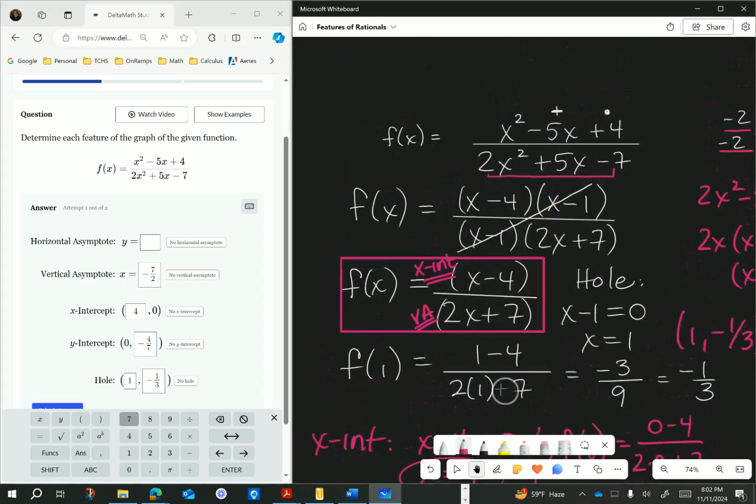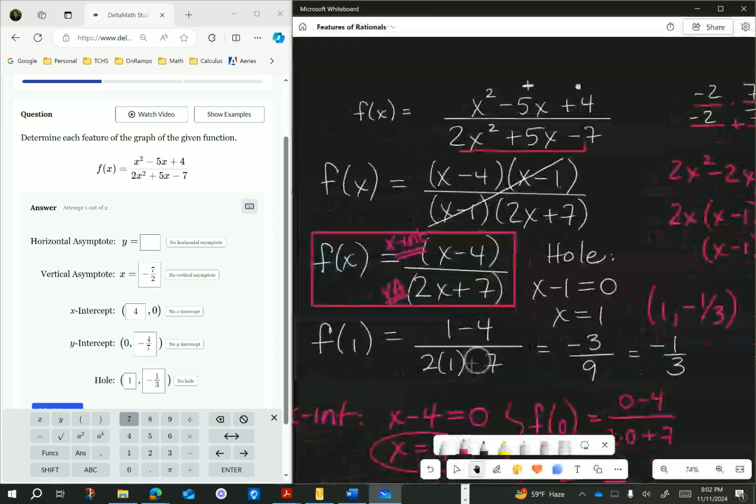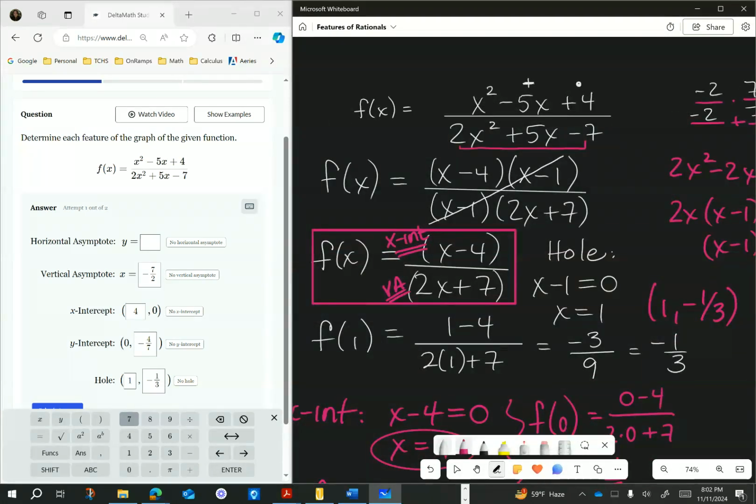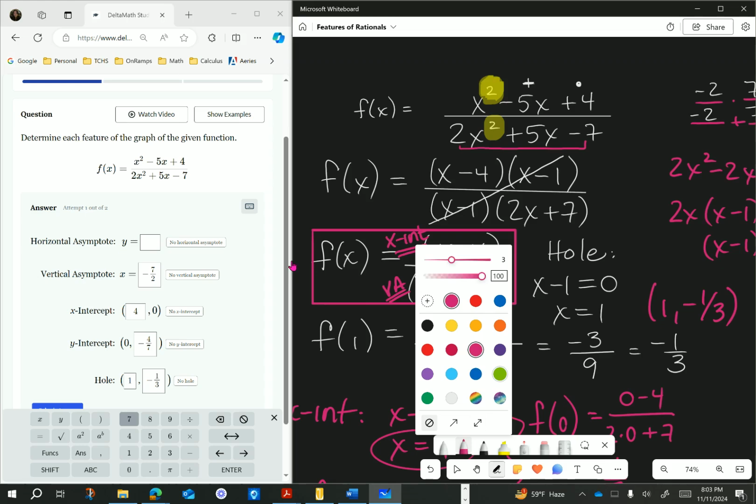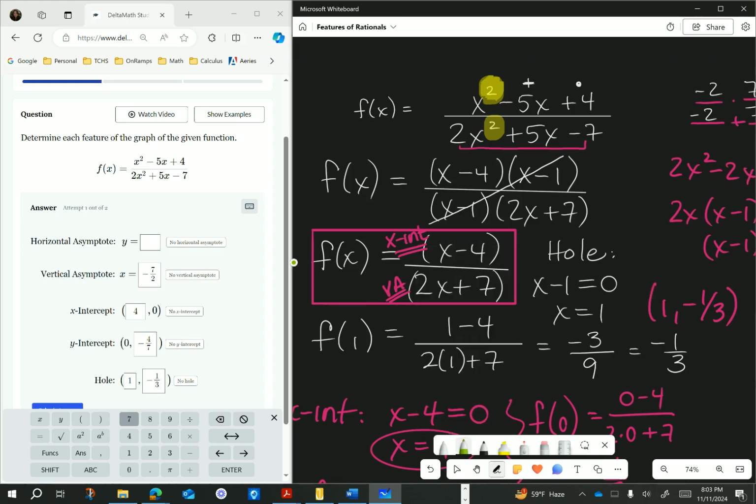And last but not least, for the horizontal asymptote, all we focus on is the degree of the numerator and the degree of the denominator. Those two values are equal, so that means that we're going to use the leading coefficient 1.